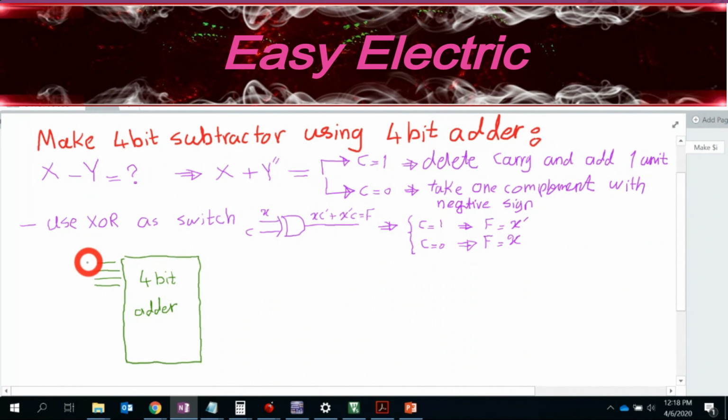I do that with the other color. So how about the second 4-bit input that I have? What do I need here as a second input? Based on this, you need to add the first complement of Y. So the question is, Y is a binary number, how could you get the first complement of any binary number? Any idea?